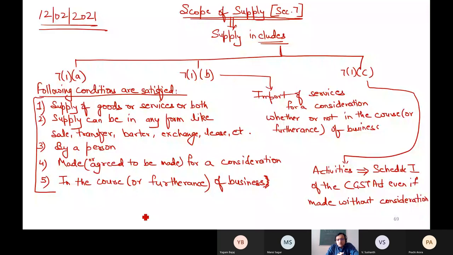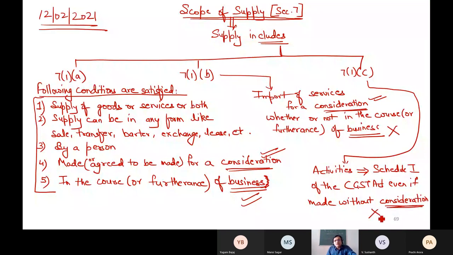Now, if you remember, all these clauses are talking differently. Under clause A, consideration is necessary as well as business is necessary. Under clause B, consideration is necessary, but business or personal doesn't matter. Under clause C, consideration is not necessary.